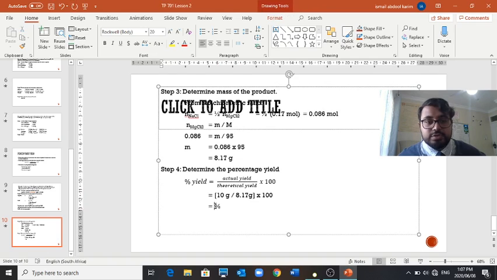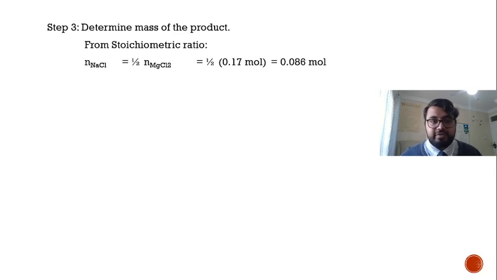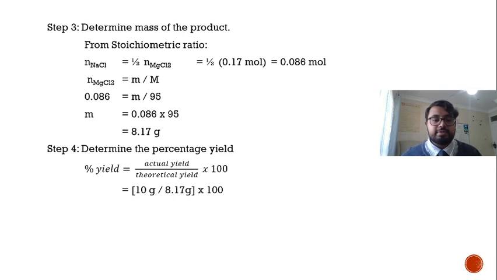If there are any problems, please contact me and I will help you out. So that's 10 divided by 8.17 times 100, which equals 122.4%. That was supposed to have been the percentage yield.